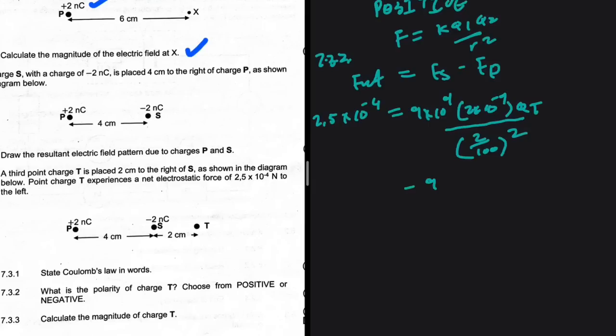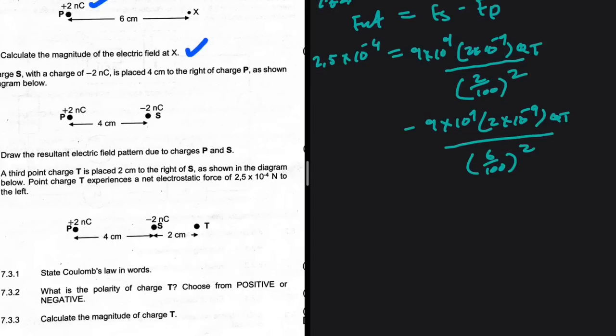And then minus 9 times 10 to the power 9, 2 times 10 to the minus 9. That is the charge of P, the magnitude of the charge, rather. And then we have Qt divided by the distance between the two spheres. So it is 4 plus 2, which is 6. So we have 6 divided by 100 squared, right?